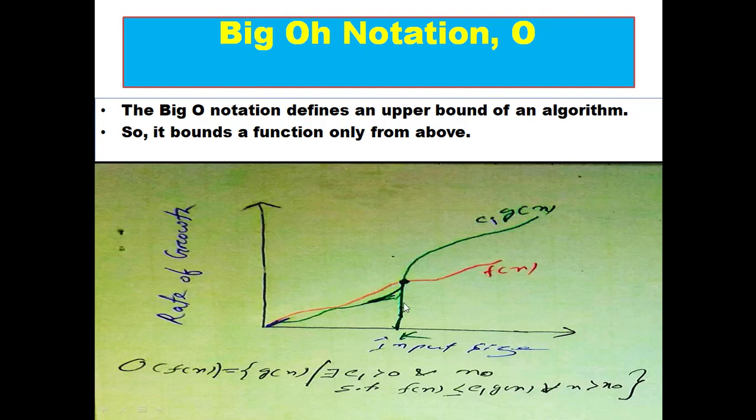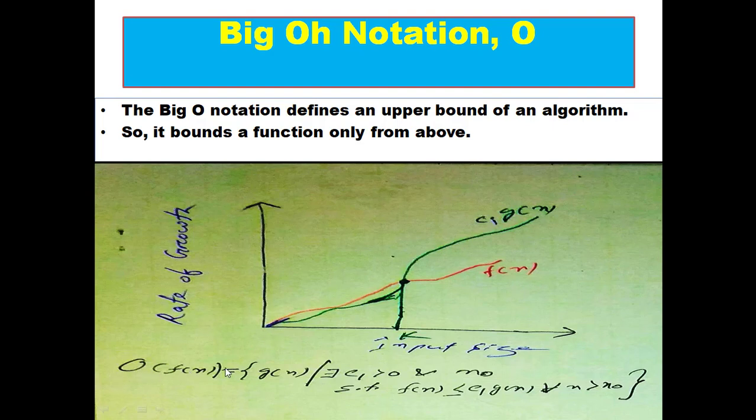So you will see that at point K, this g(n) function has values which are greater than f(n), and this is very clear from this diagram. You see that up to this point it is okay, but after this point the values of g(n) are greater than f(n). So we can say that when this point is crossed, then g(n) is acting as an upper bound of f(n). So this means what?